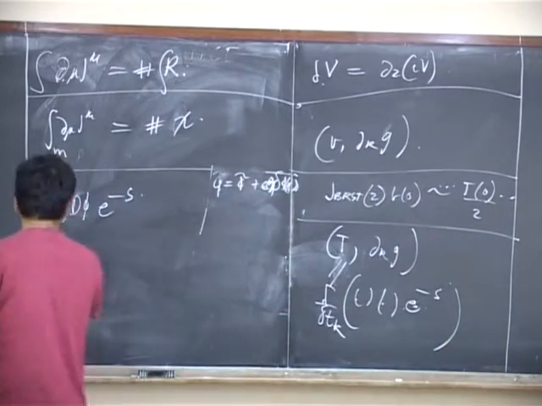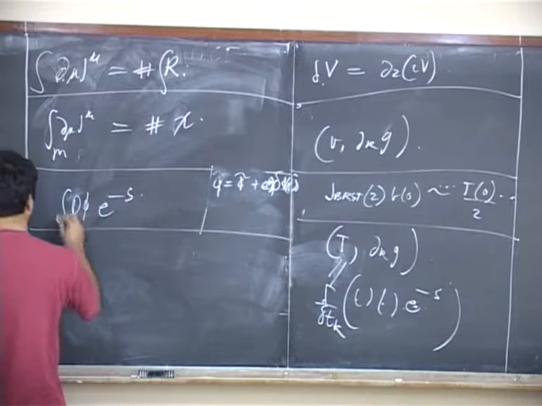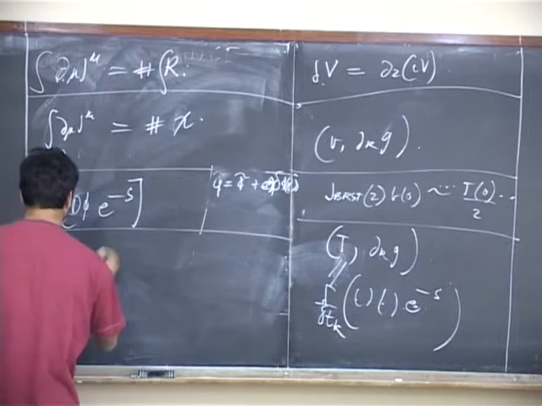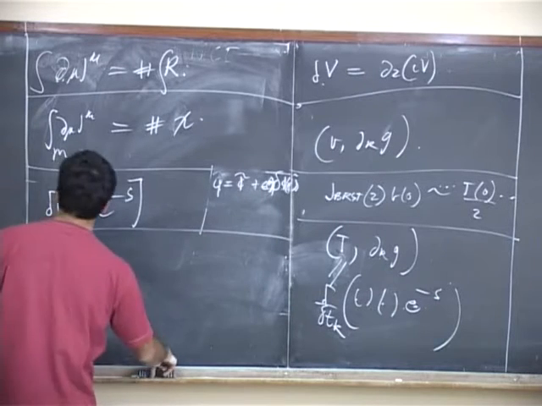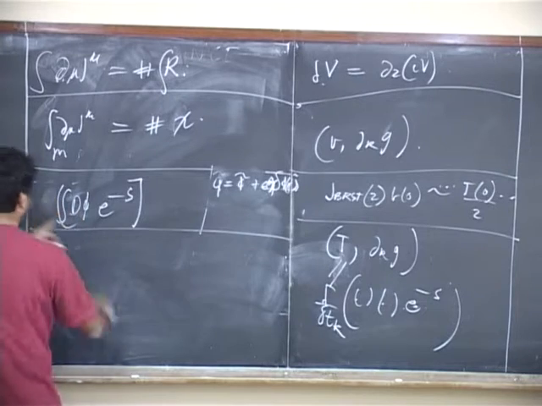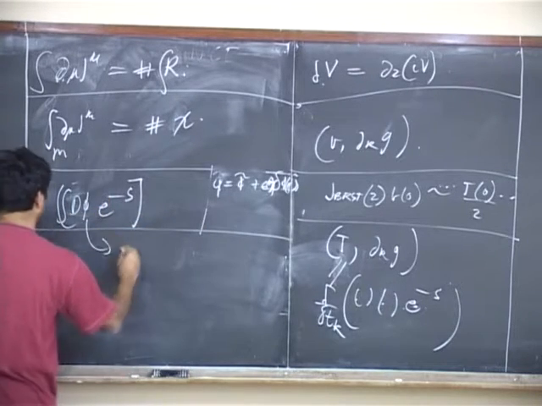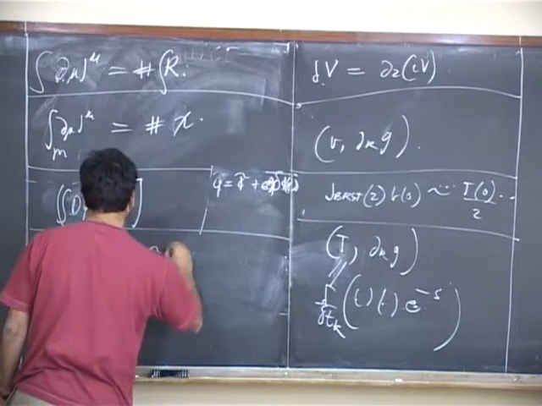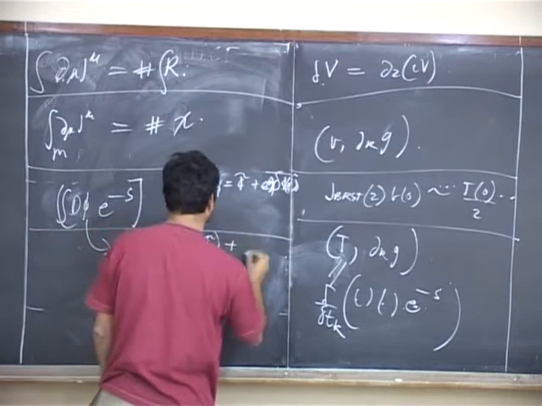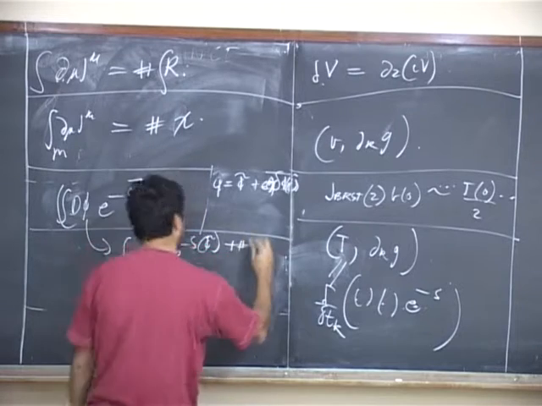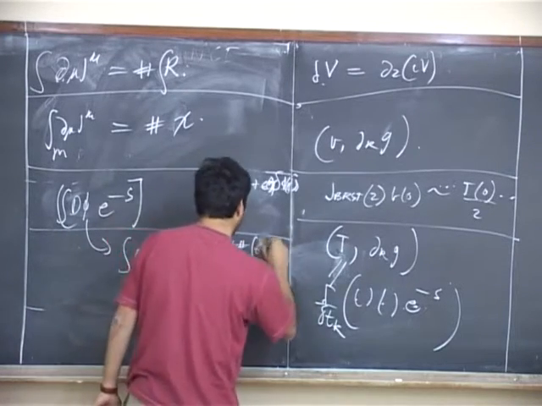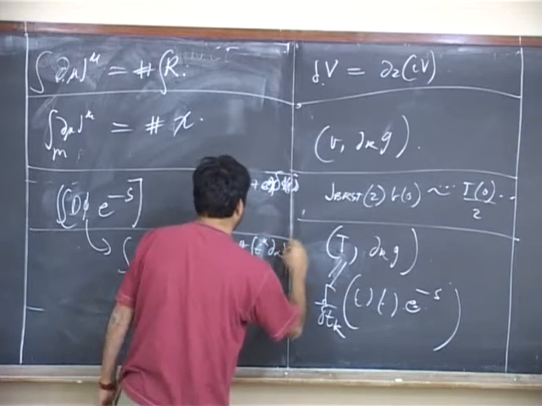So under this transformation, this thing goes to d phi tilde e to the power minus S of phi tilde, plus again there's some number times del epsilon alpha del alpha g.